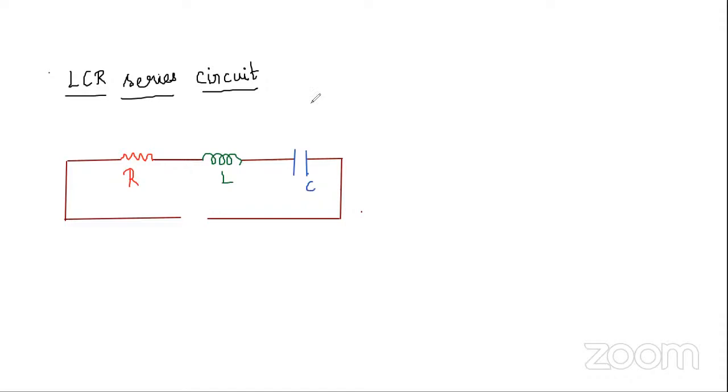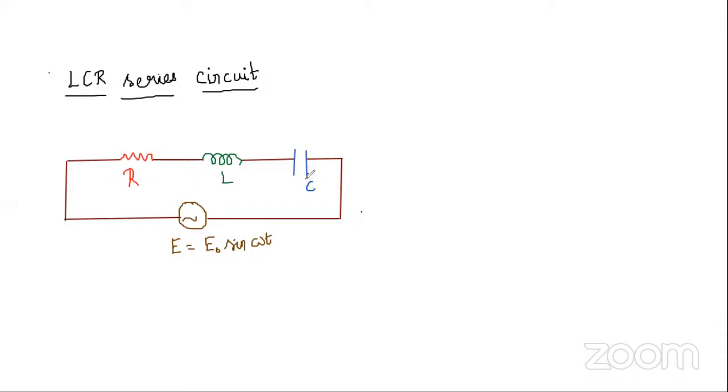The AC signal is provided here. That is represented by this symbol, E equal to E naught sine omega t. So here you have a resistance, inductor, capacitor, everything connected in series.